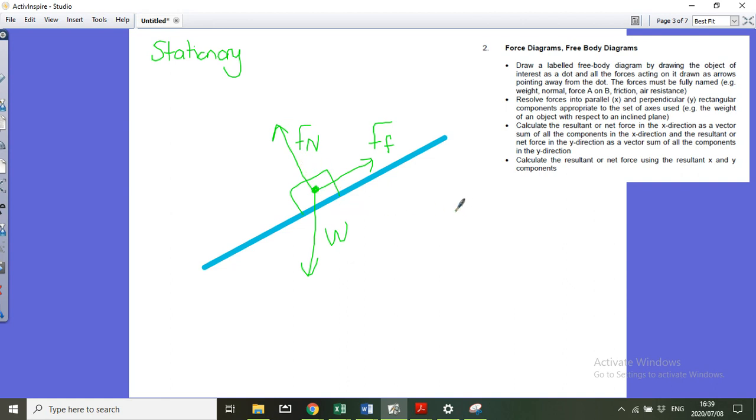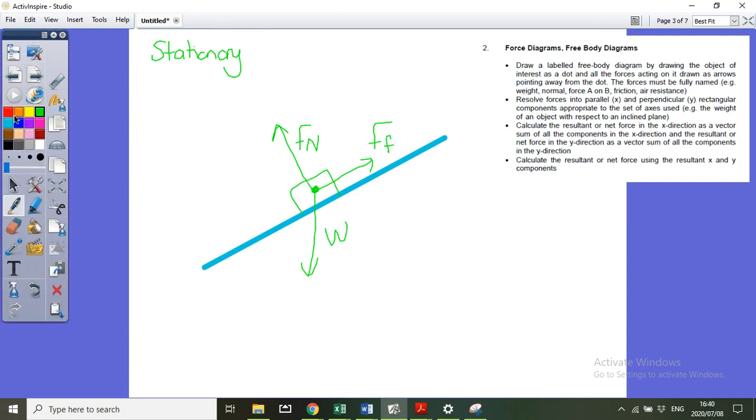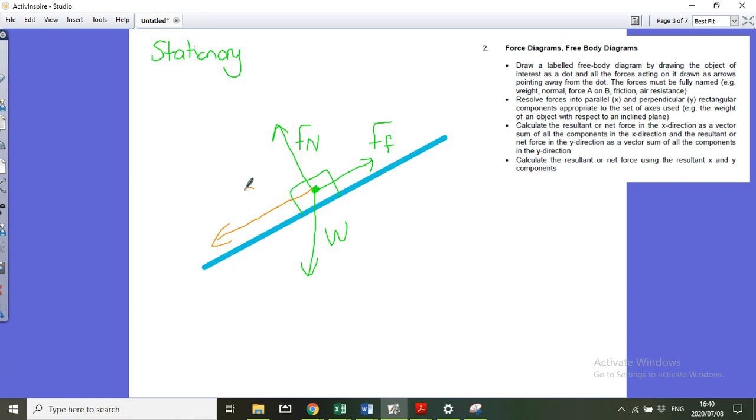So please remember, now they're going to ask you about moving objects. Now, if this object is not just sitting still, you must remember that if the object is accelerating downwards, and this is what brings us to Newton's second law, and I'll talk about that again. So if it's moving downwards, then friction will still be upwards.